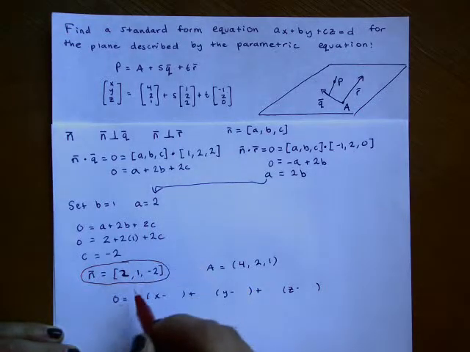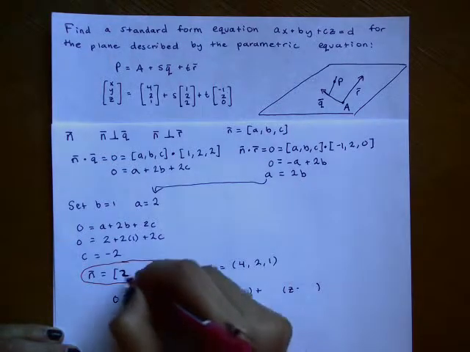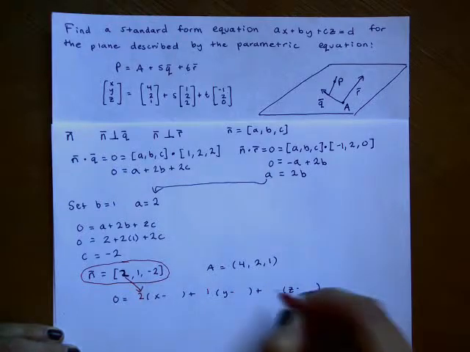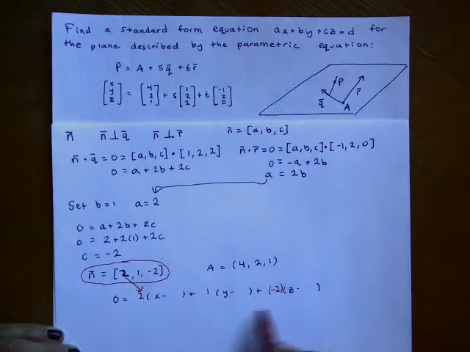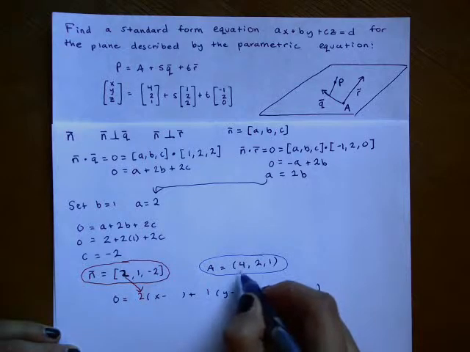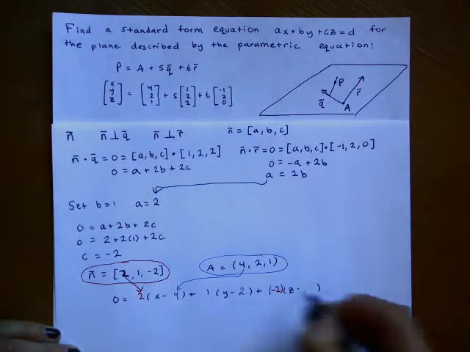So the values from our normal vector become the coefficients in front of these brackets. So the 2 goes down here, then the 1 and the negative 2. So all these values come from our normal vector. Then the values from our known point go into the brackets. So 4 goes there, 2 and 1.